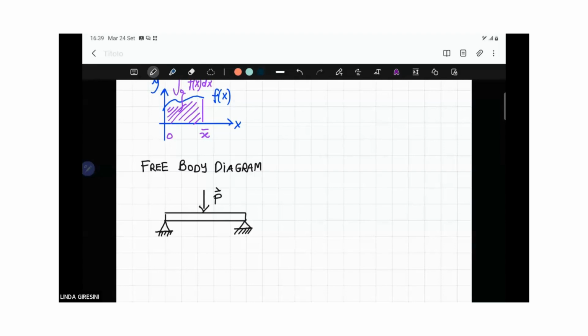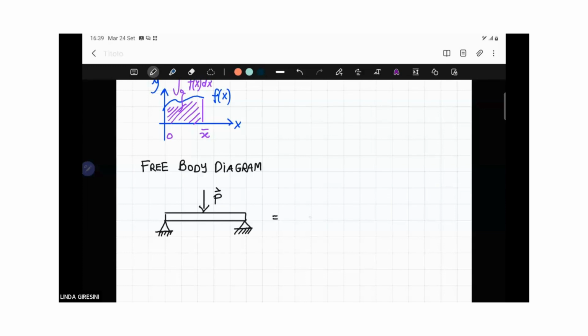Since these supports exert reaction forces, the first thing I have to do to solve a mechanical problem is to use the free body diagram. So I need to change this given mechanical scheme into a free body diagram.